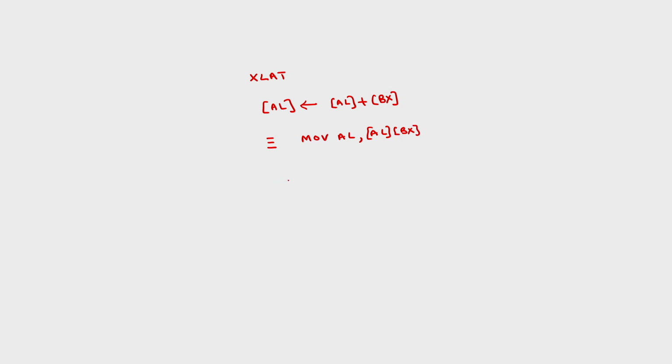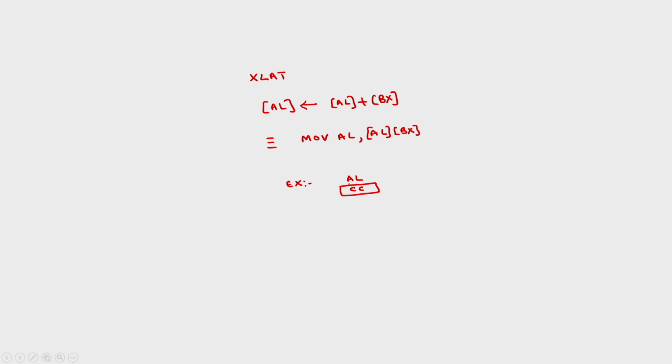If I take an example, say AL contents is 31H.